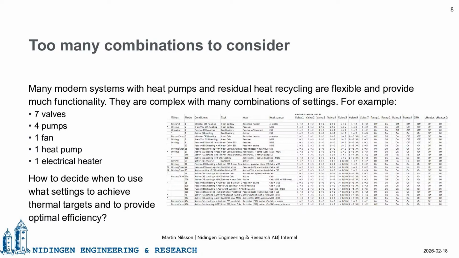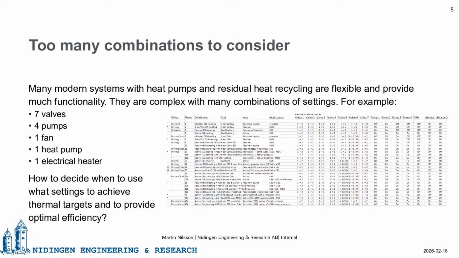We really can't control the system manually. So how do we decide when to use what settings, and how are things ever going to be optimally operated to preserve as much energy in our battery system as possible?